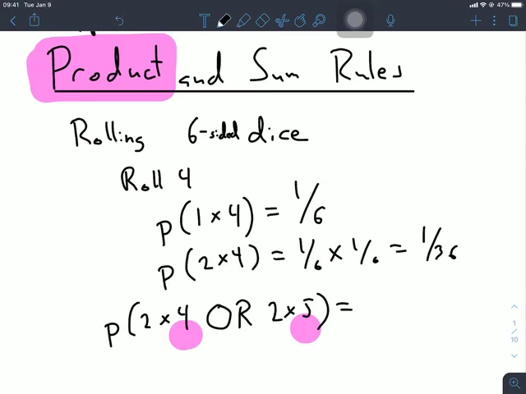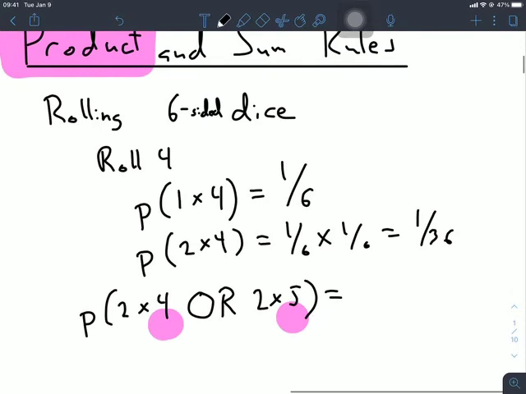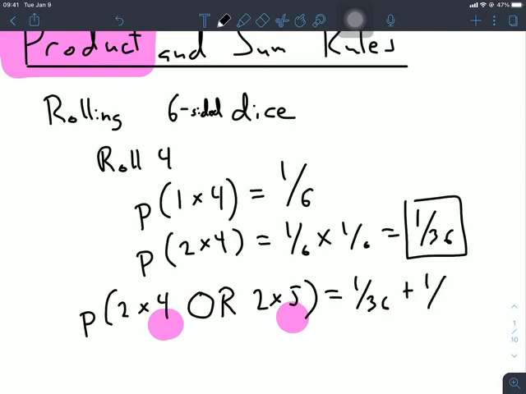This means that you need to take the probability of rolling 2 4s, which we got as 1/36, and add it to our probability of rolling 2 5s, because you can't roll both a 4 and a 5 on a dice in a single roll.